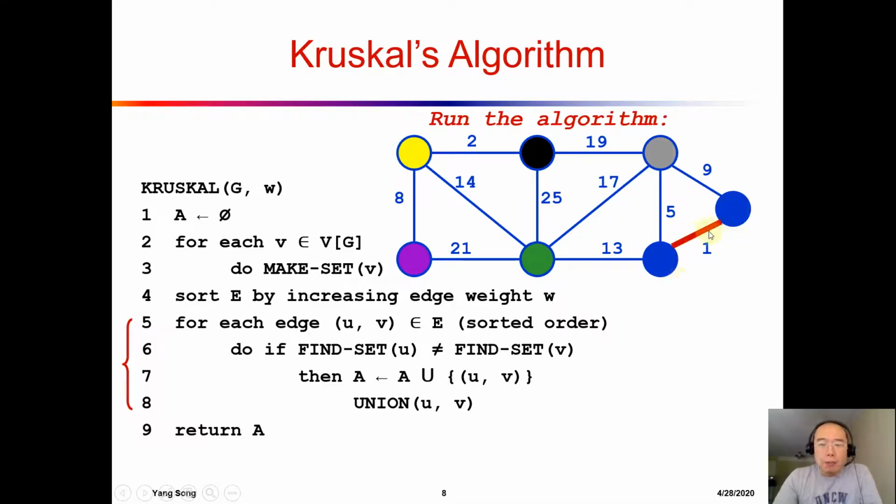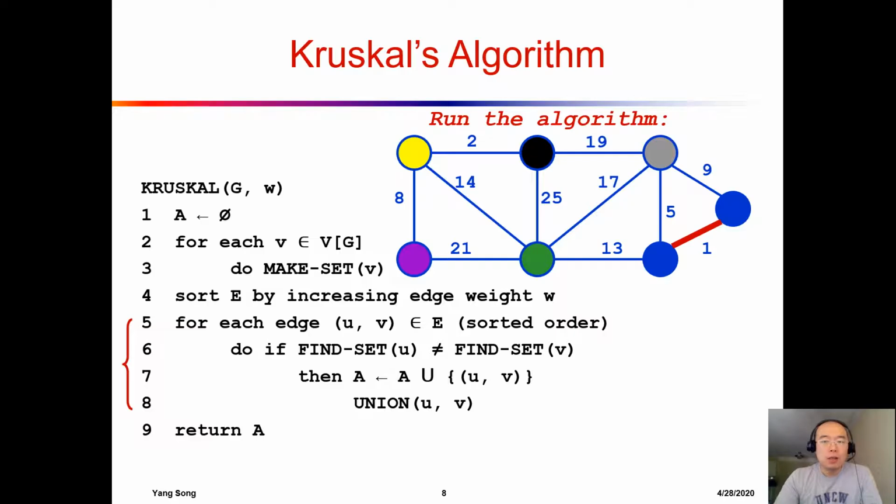So I'm using the red color to highlight this edge, because this edge will become part of the minimum spanning tree. And I'm also going to color those two nodes with the same color, blue, saying now, since they are already unioned, they belong to the same set.